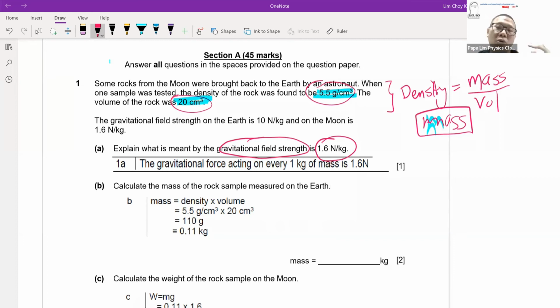So the mass is 1 kg, and the force I'm looking for, I have to write down explicitly, is 1.6 Newton per kg acting on the object. So when we talk about definitions in this context, in this era, most of the time we will not be asking for the generic one.